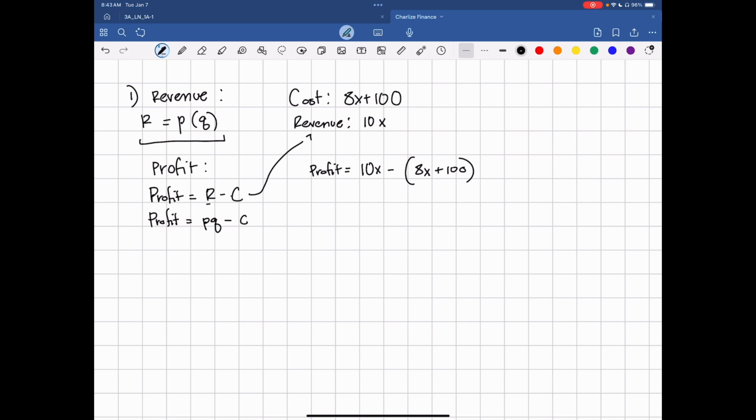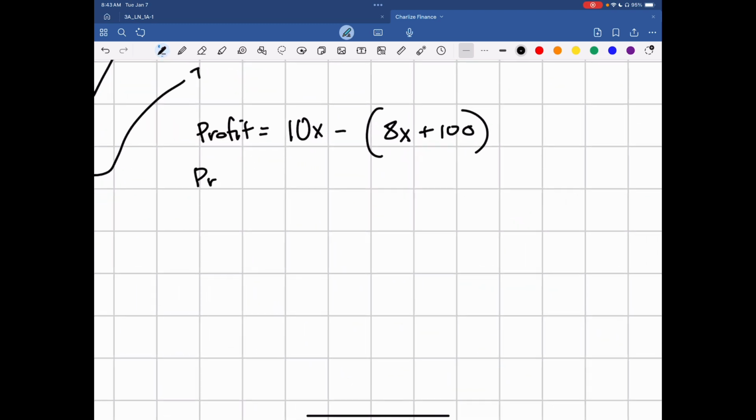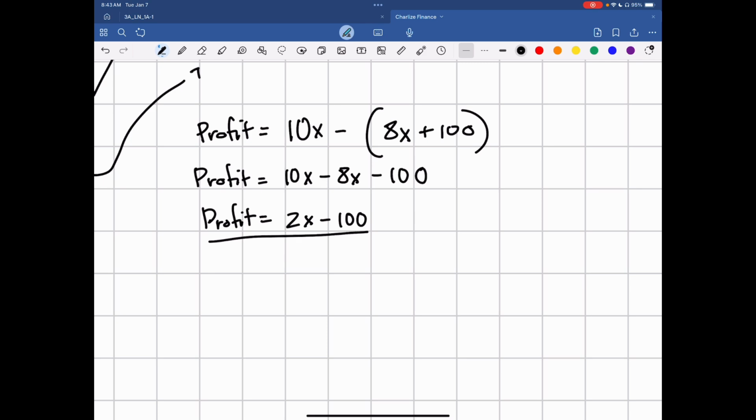In this case, it's just a minus c, but c is represented by an equation that has more terms than just one, which is why the profit is equal to 10x minus 8x minus 100. So profit is equal to 2x minus 100. This is my profit.